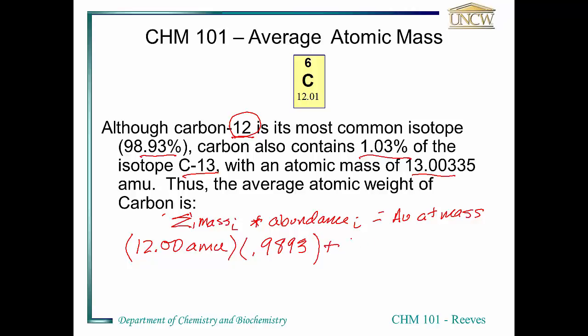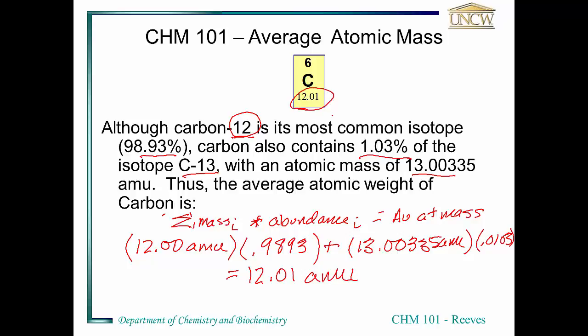But then you've also got 13.00335 AMU as the mass of the isotope with 0.0107 abundance. And if you do that multiplication, you get 12.01 AMU, which is the mass that's reported in the table.